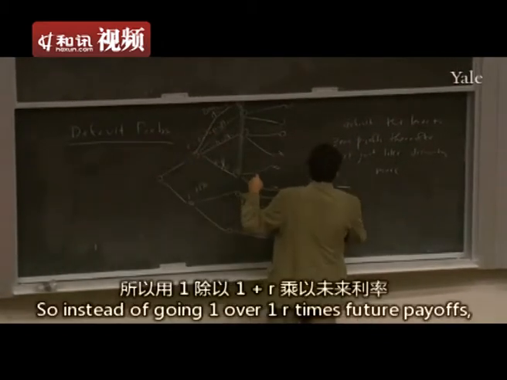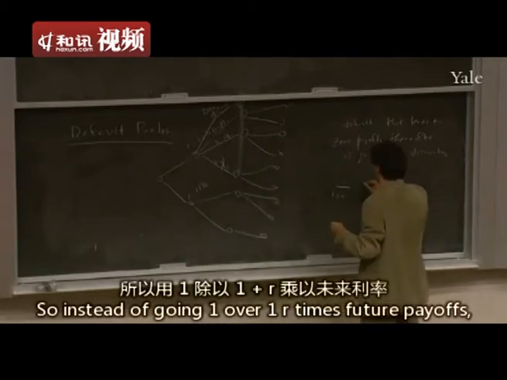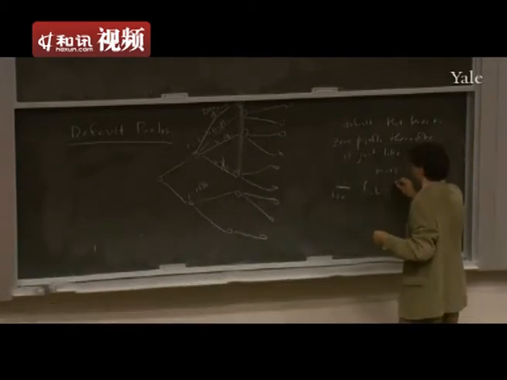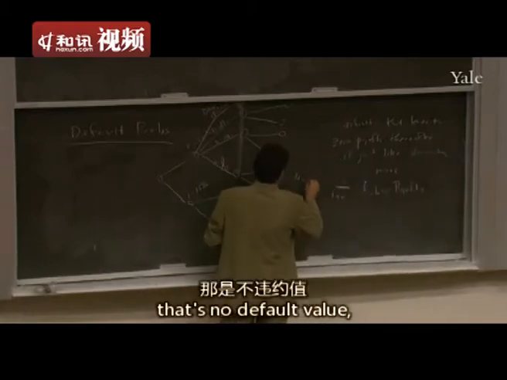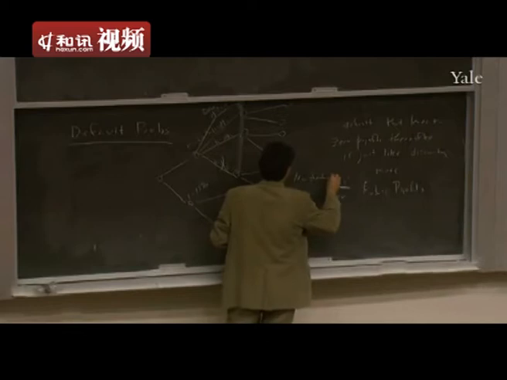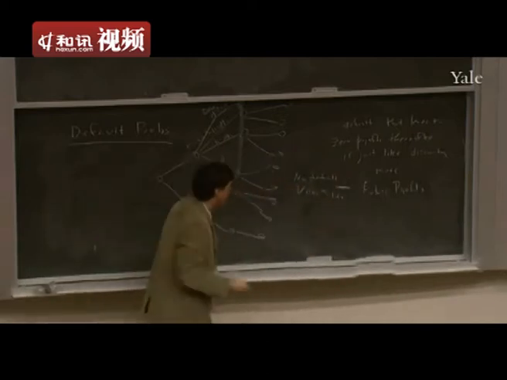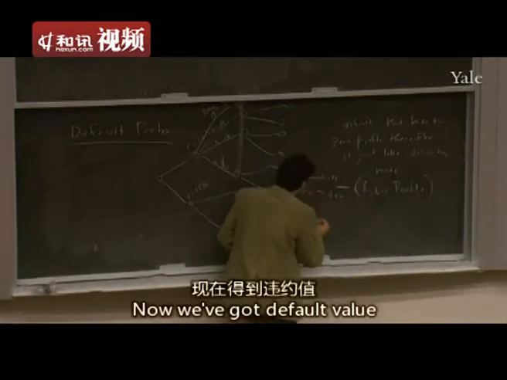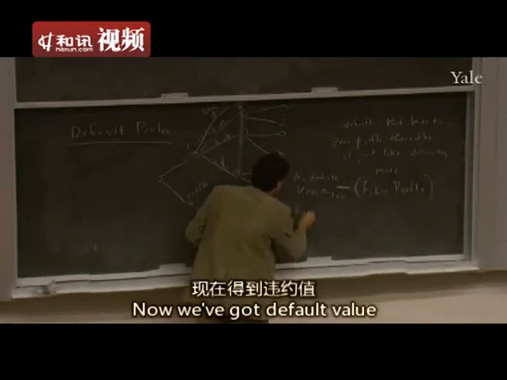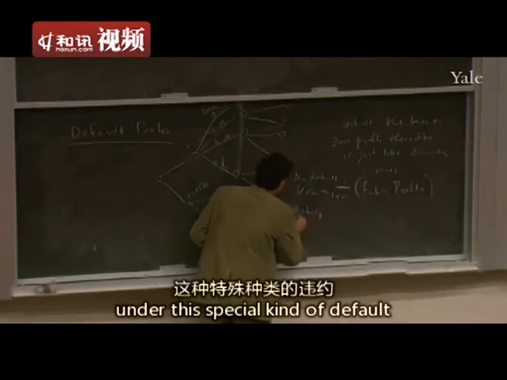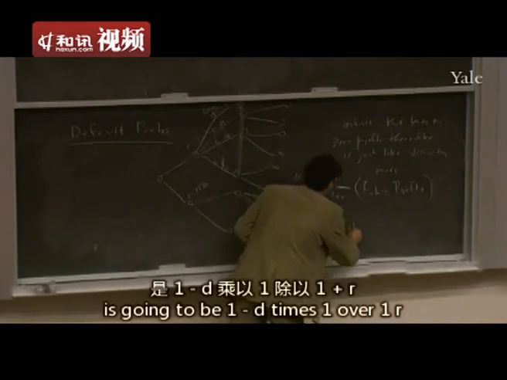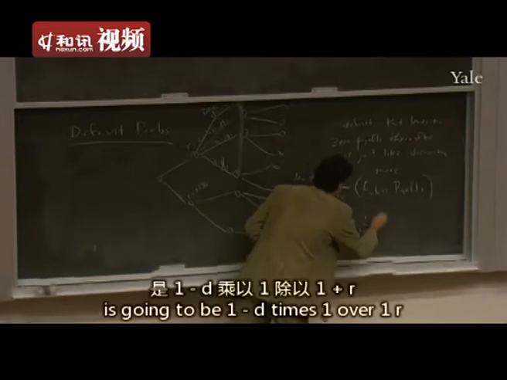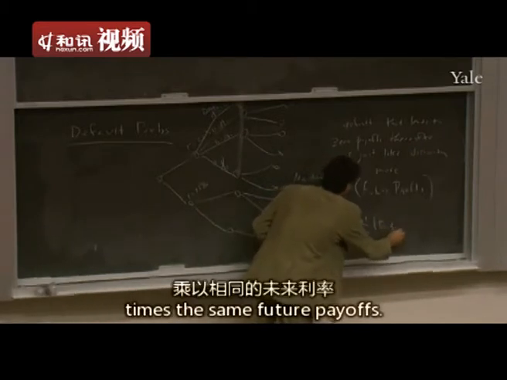Instead of going 1 over 1 plus R times future payoffs, that's the no-default value. Now, under this special kind of default, the value is going to be 1 minus D times 1 over 1 plus R times the same future payoffs.